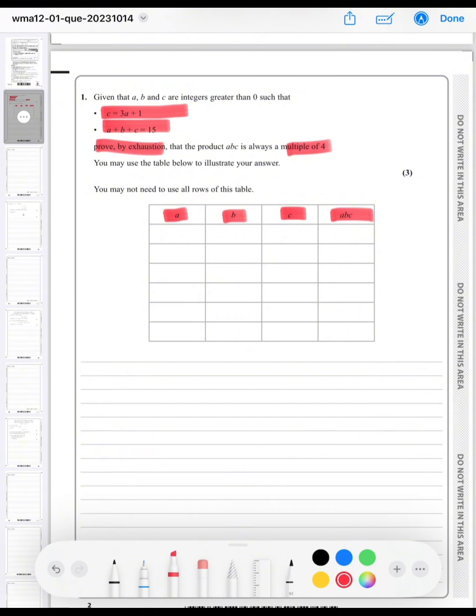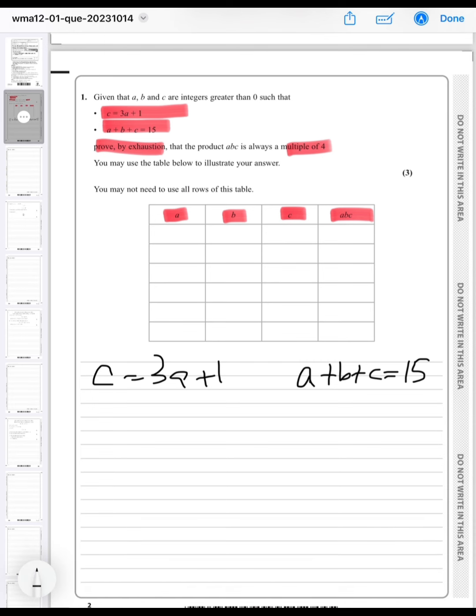So now we will make some cases here. They already gave us that c is equal to 3a plus 1 and a plus b plus c equals 15. Obviously we will start from 1. We will check that by putting 1, what are we getting for the value of a. So we start with a.